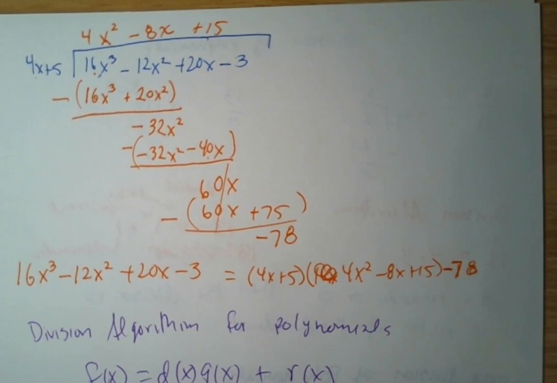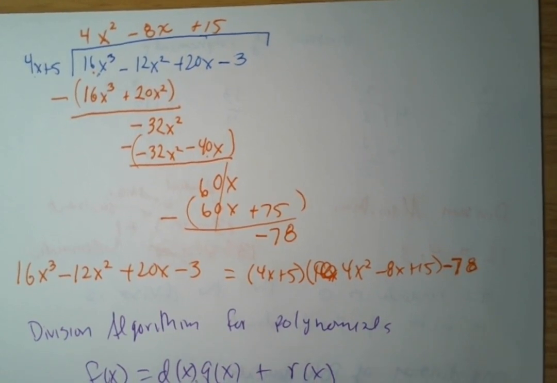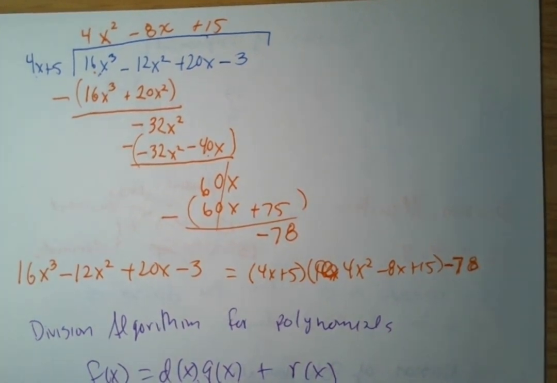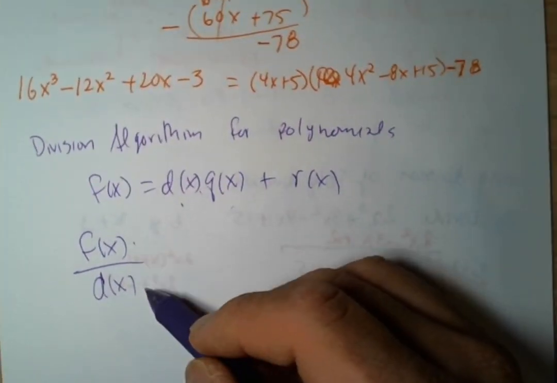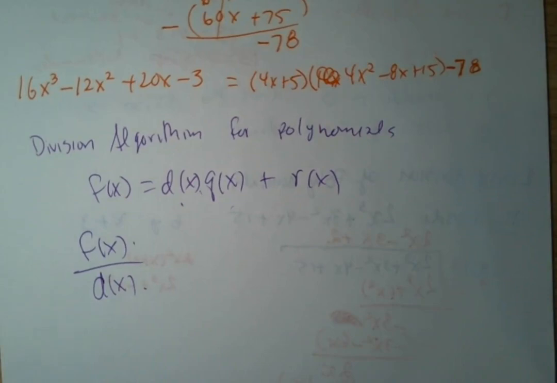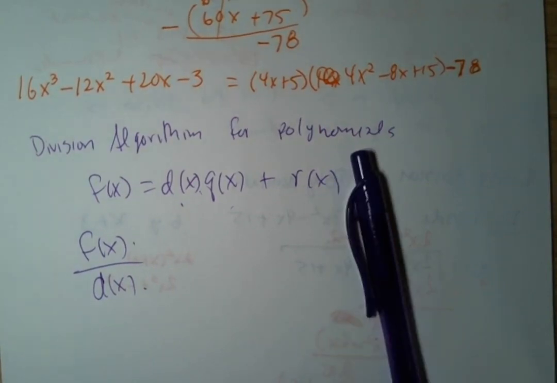Okay, so f of x equals d of x times q of x, divisor, quotient, plus the remainder. And then really also we can think of polynomials in the numerator written as f of x divided by d of x. That's exactly what the long division is that we're representing in our long division there.